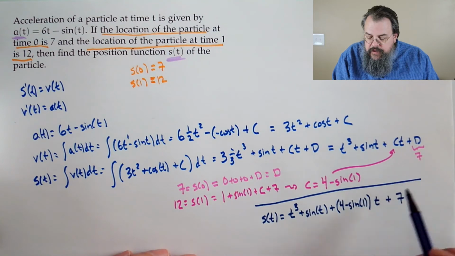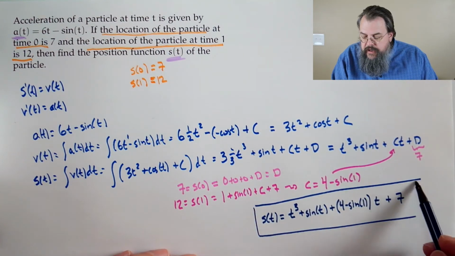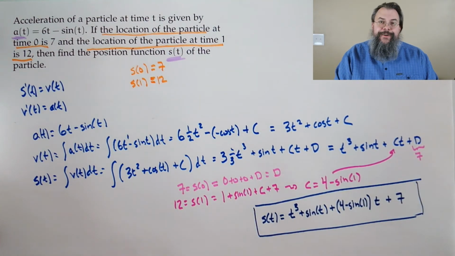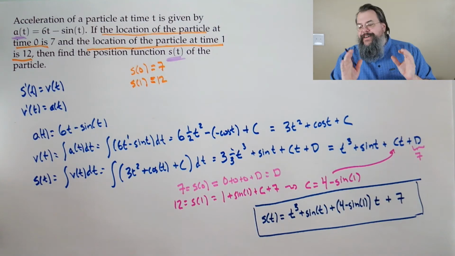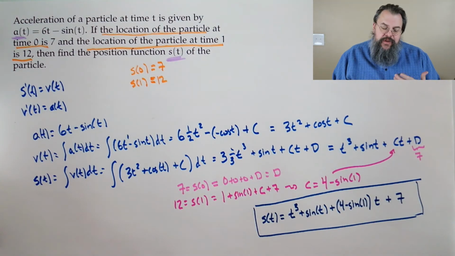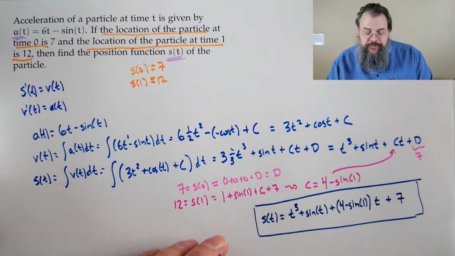And that will tell us where we are at any given time. And we're done. This is an example of an initial value problem.